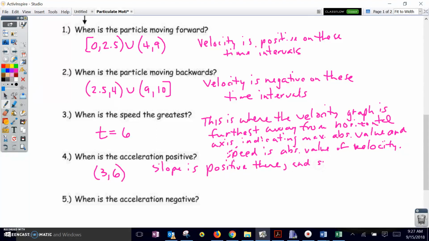And since acceleration is the derivative of velocity, it is represented by the slope of this graph.